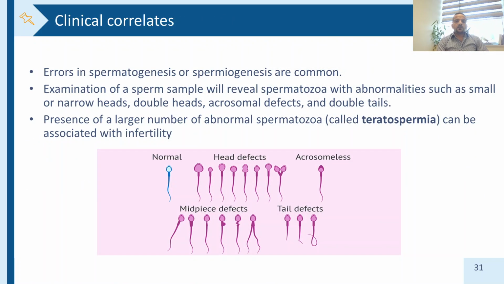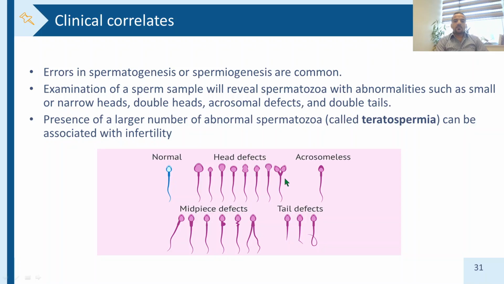Why is it important to understand normal spermatogenesis? As I told you, to know what goes wrong we must know the normal process first. Errors in normal spermatogenesis or in spermiogenesis will give abnormalities in the sperm parameters. When we examine a sperm sample, we see spermatozoa abnormalities such as small head, narrow head.